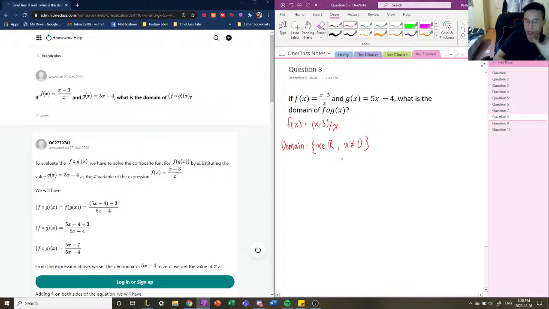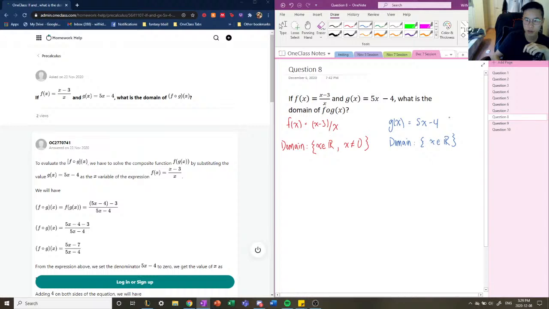So that's the domain of our first function independently. The second function, g of x equals 5x minus 4, has a domain of x belongs to all real values. But as you'll see, when we do the compositional function, the domain changes.